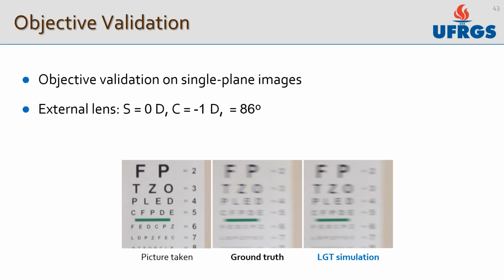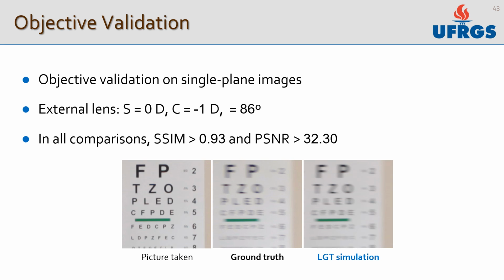We validated our results using single-plane images, given the difficulty in acquiring RGBD images of complex scenes with perfect depth information, which is essential for the technique to work properly. We obtained very strong agreements between ground truth and simulation images, with SSIM and PSNR bigger than 0.93 and 32.3 respectively in all comparisons.